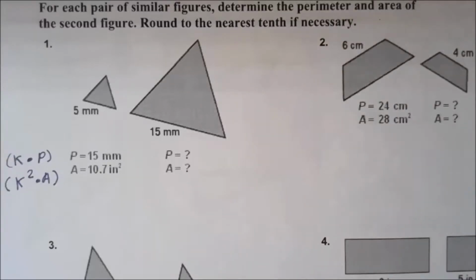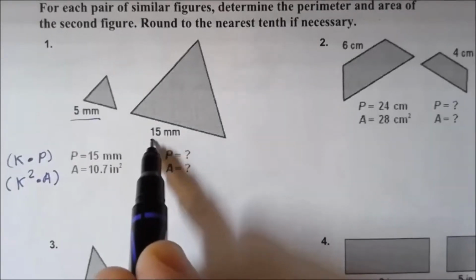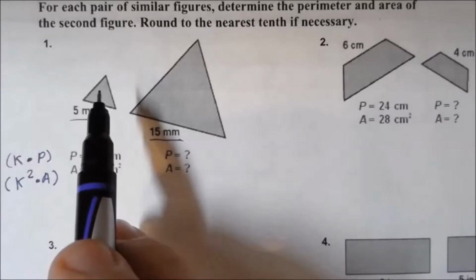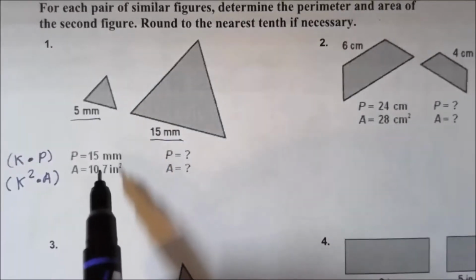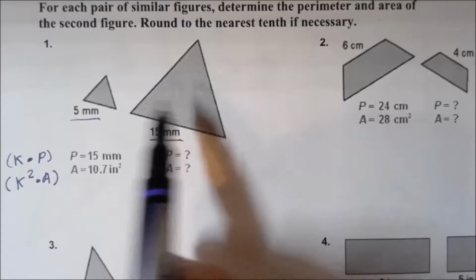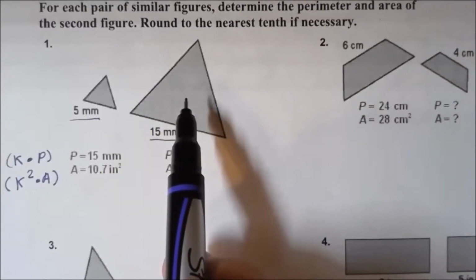So first, let's take a look at number one. We're looking at this figure and we recognize that we have a length of 5 millimeters here and 15 here. If this is our original figure, and it changed to this one, did we have an enlargement or a reduction? We had an enlargement, right?